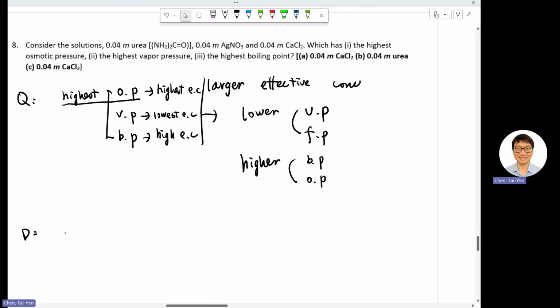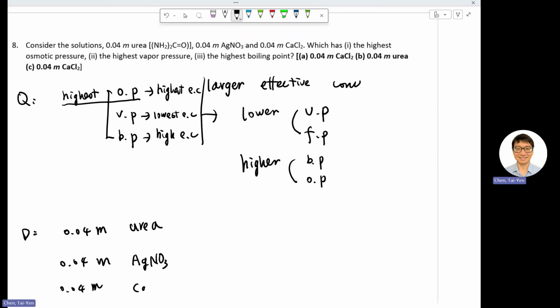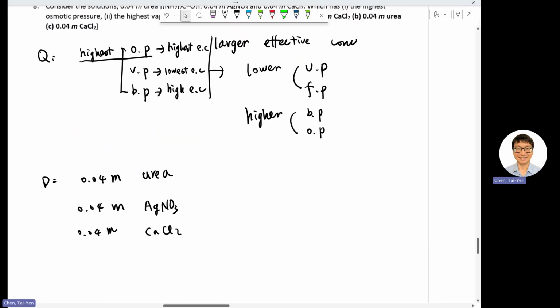So the data we have is 0.04 m urea, 0.04 m AgNO3, 0.04 m calcium chloride. Okay, so this 0.04 m is the concentration given.